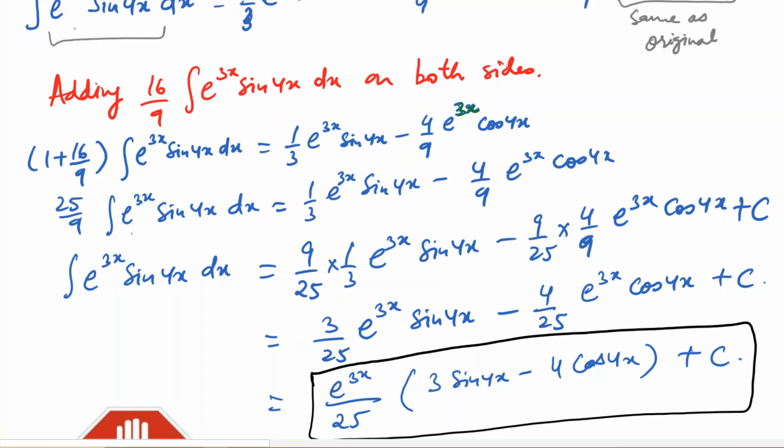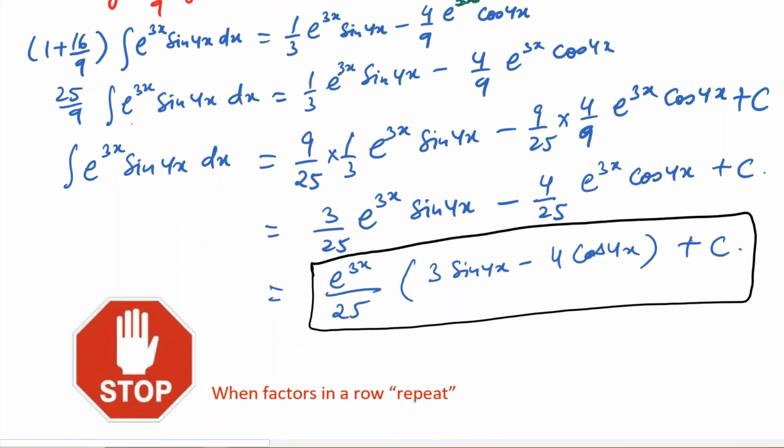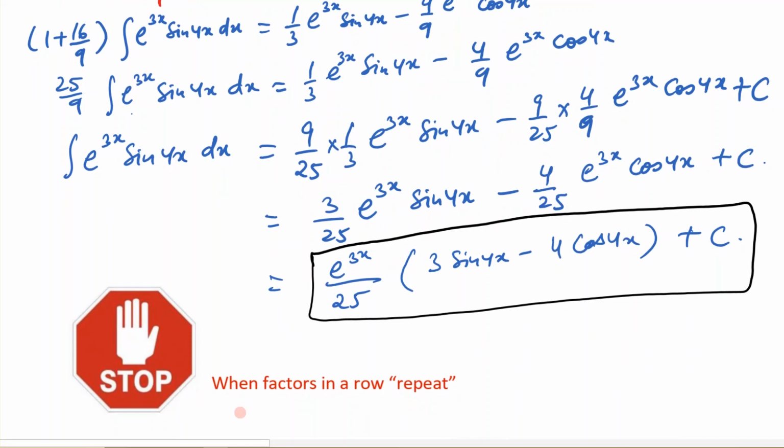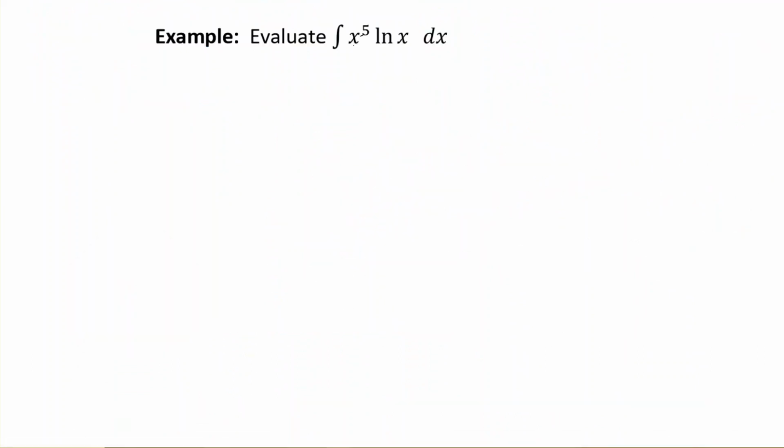So from this example, we learned that sometimes in the table method, if differentiation never ends, we stop when the factors in a row repeat, or when the same factors that we had in the original integral occur in the same row. Let's take a look at one more example. In this one, we have the integral of x raised to power 5 ln x dx.